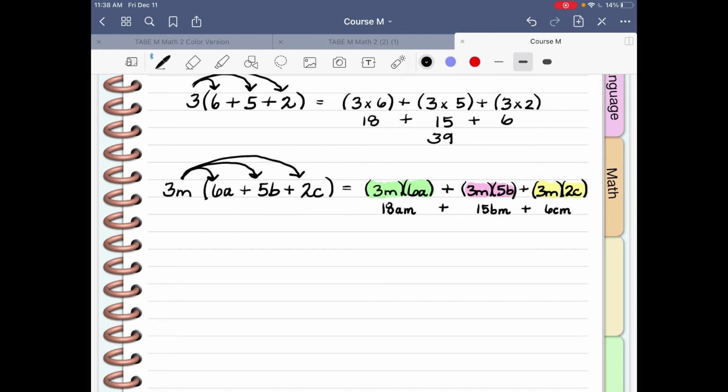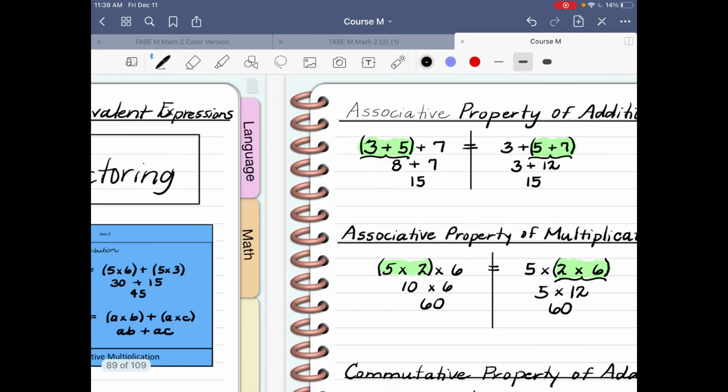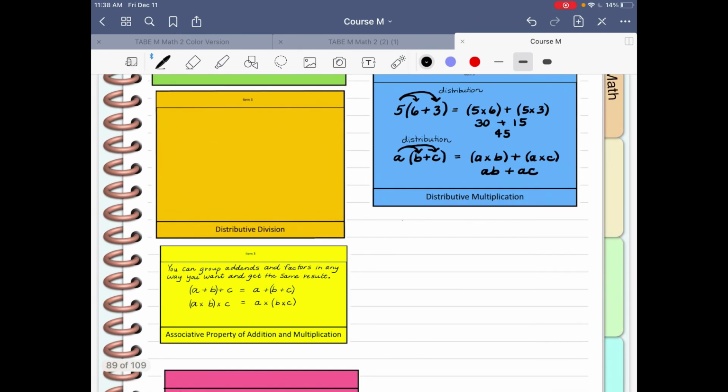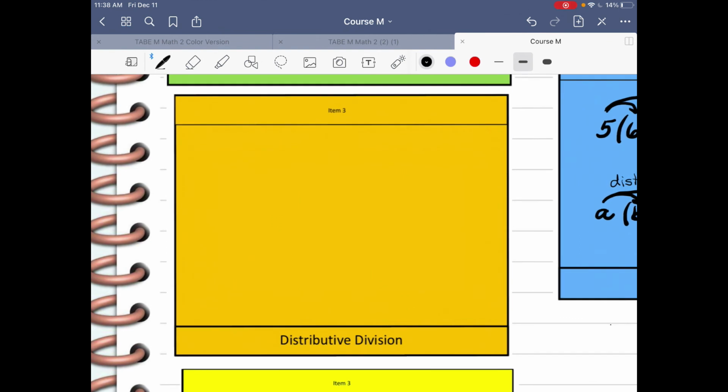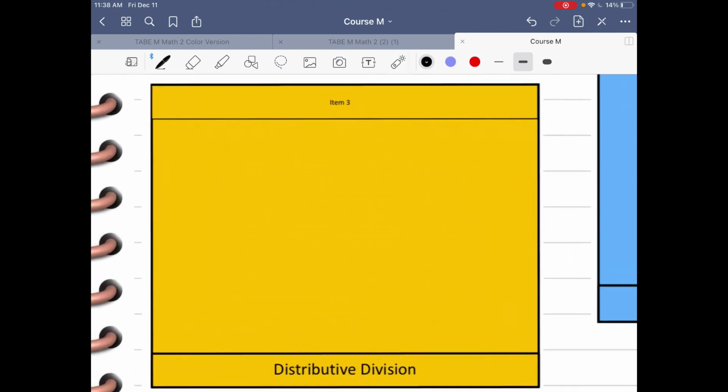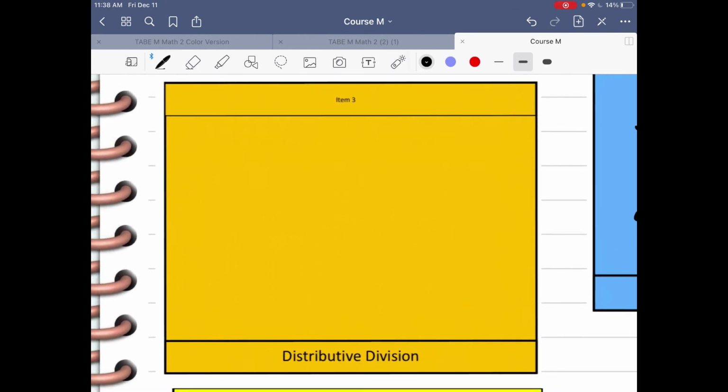Okay, we have one more rule in that flip file. So let me go back to that one, and that is distributive division. So let me show you what this one looks like, and then we'll do some examples. I'm going to show you 3 examples here. 2 of them with numbers and 1 of them with variables. So here's the first one. (6 + 8) over 2.